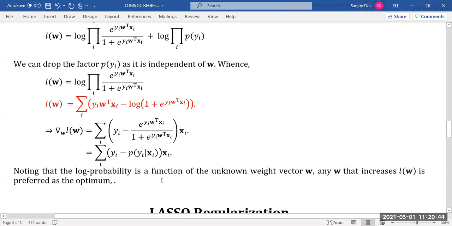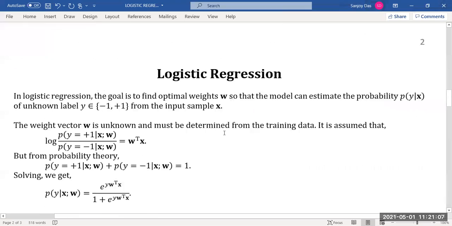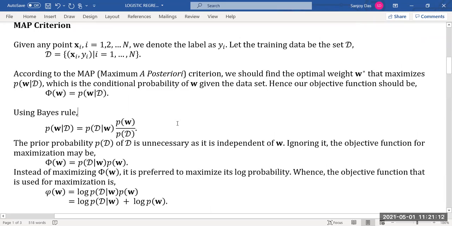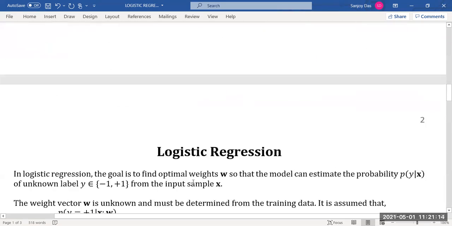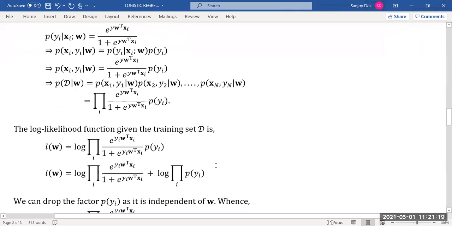So this is the final del of this. If we use this as the log likelihood, then its derivative is this, and that's what we will use when we want to find this W. This is the training step. Are you guys all okay so far?